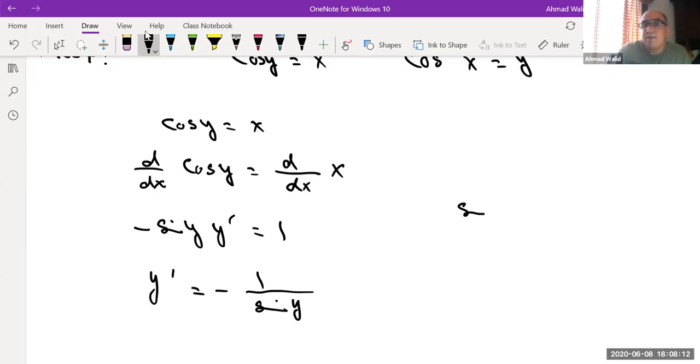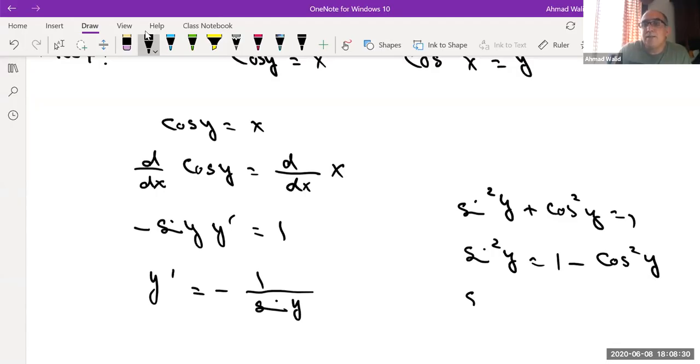Again, sine squared y plus cosine squared y equals 1. If you solve this equation for sine, then you can write sine squared y equals 1 minus cosine squared y. Then you can say sine y equals the square root of 1 minus cosine squared y.